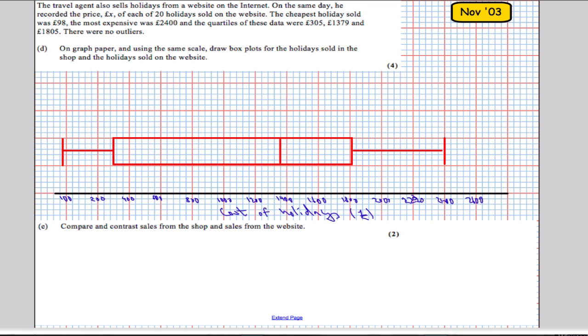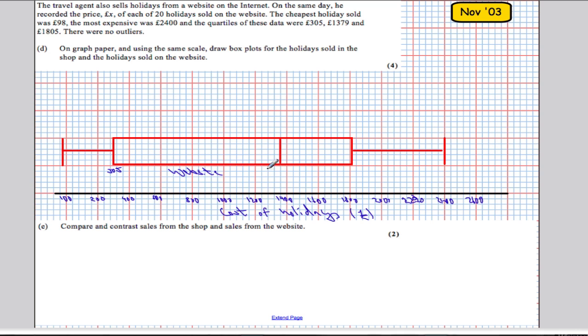Okay, and let's just be clear so that the examiner knows that this is the website, and this is the lower quartile, which was 305.